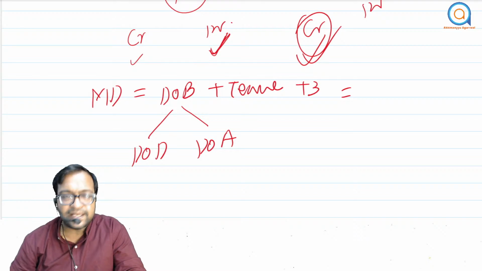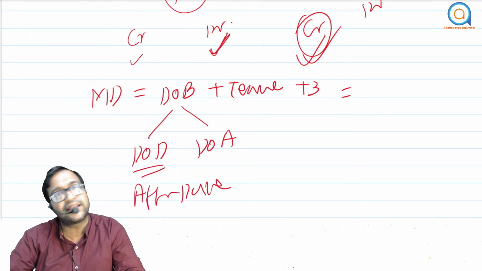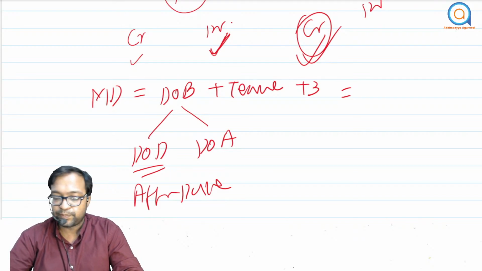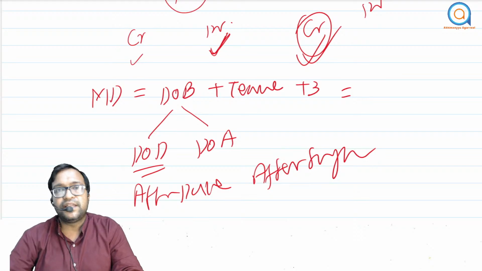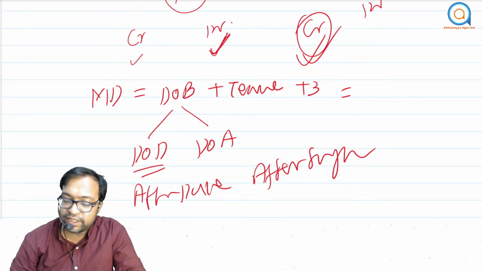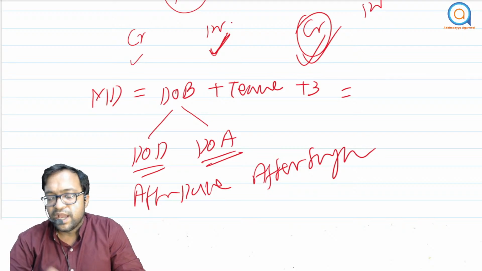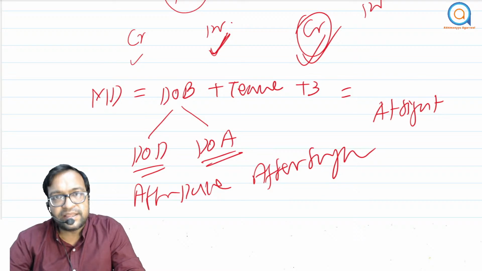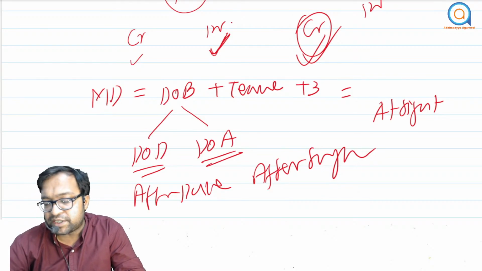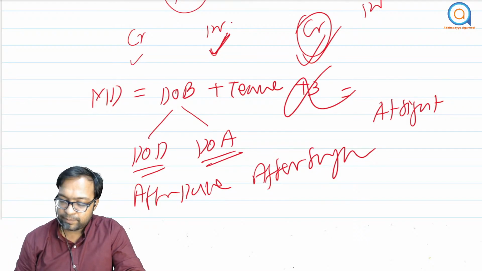If the bill is after date, then we should start the calculation from date of drawing. But if the bill is after sight, then you should start calculating maturity date from the date of acceptance. And in case the bill is at sight, then the bill is payable on demand, on presentation. In that case days of grace are not added.